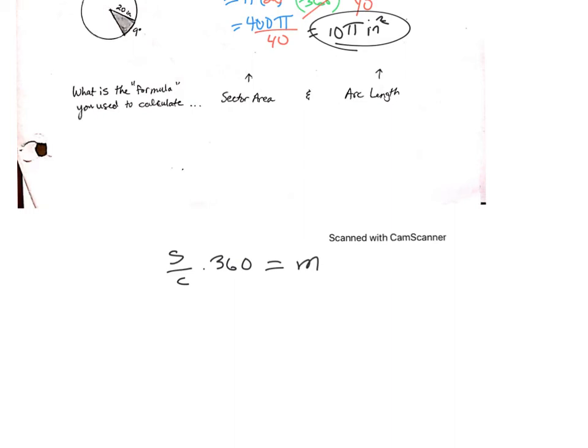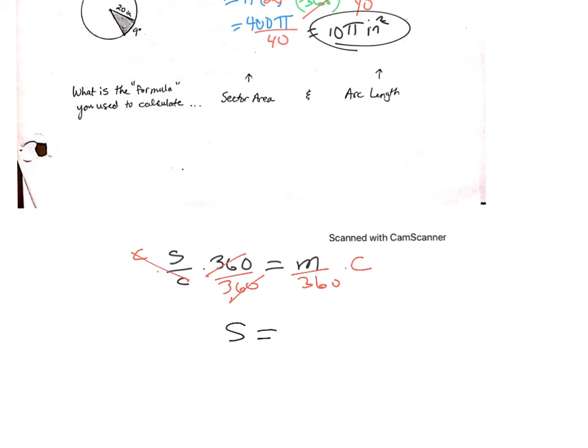So I'm asking a slightly different question here because I'm telling you the angle. I'm not asking you for the angle. So we actually know this, and what we're trying to solve for right now is the sector area. So we're reversing the question from what you were doing in the Desmos, but using the exact same reasoning that this portion of the whole multiplied by 360 gives me the measure. If I just do a little algebra on this and rearrange it, I'm going to divide by 360 on both sides, and then multiply by C. Then I come to this equation.